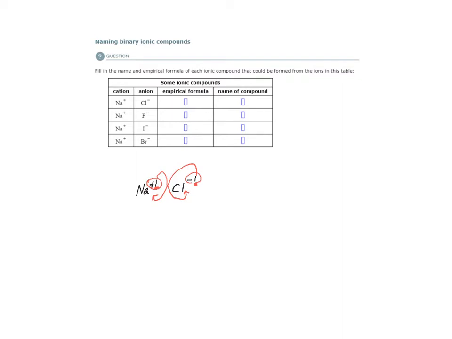What this gives me is Na1, Cl1, and we can omit the 1 and just have NaCl. Now the question is, why does this crisscross method give us this empirical formula, and how do we know that this is the correct empirical formula? Why does this method give us that, and how can we assume that it's correct?